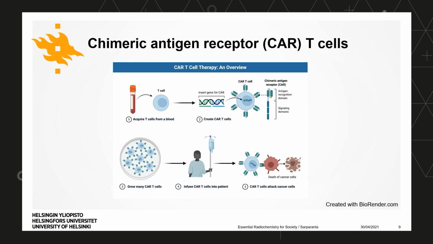And then you expand the CAR T cell population so that you have a vast body of cytotoxic tumor-recognizing T cells that are then infused back into the patient. They locate to those cancer cells and they will destroy them.